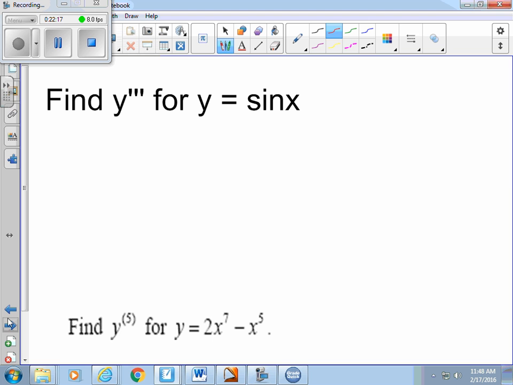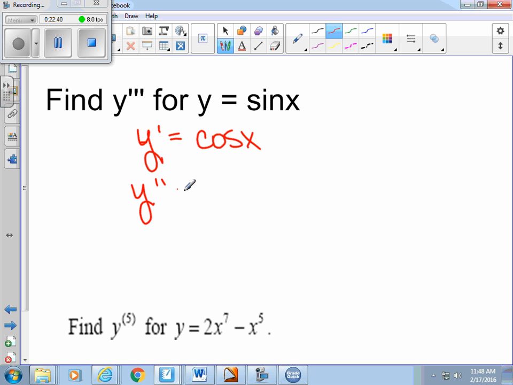So, do it 3 times. Find the third derivative of sine of x. Cosine. Oh, no. It's negative cosine of x. Okay, any questions about how I got the first derivative? How did I get it? Because I memorized it.